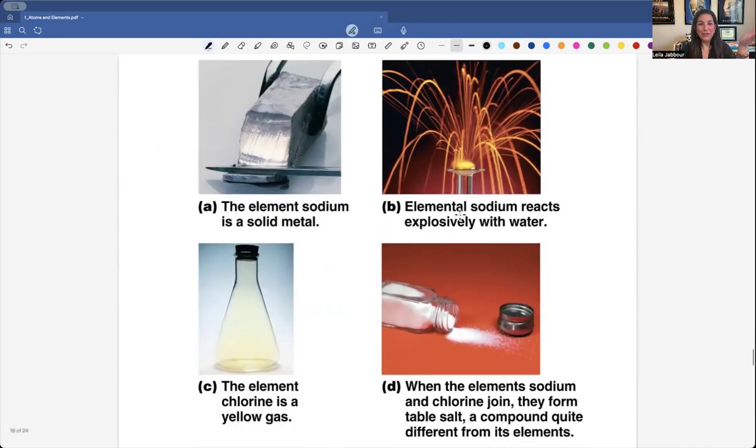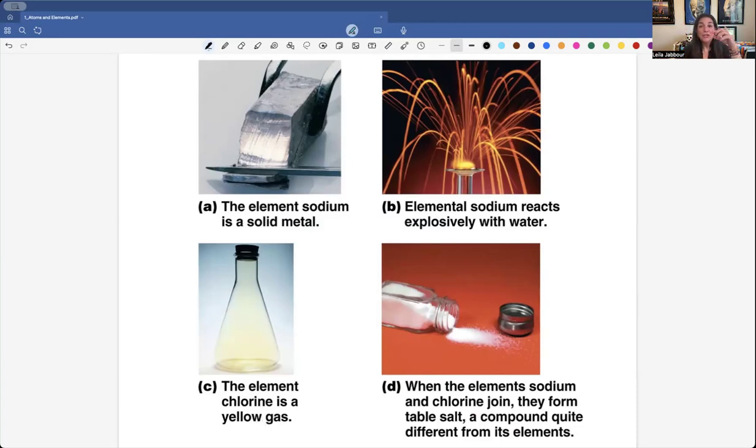This is the example here. Sodium by itself is actually a metal. It's a solid metal. Chlorine by itself is a gas, a yellow gas. Sodium by itself, if you add water on it, is actually going to explode and react with it.